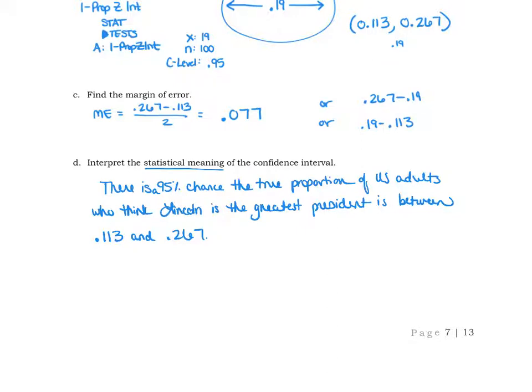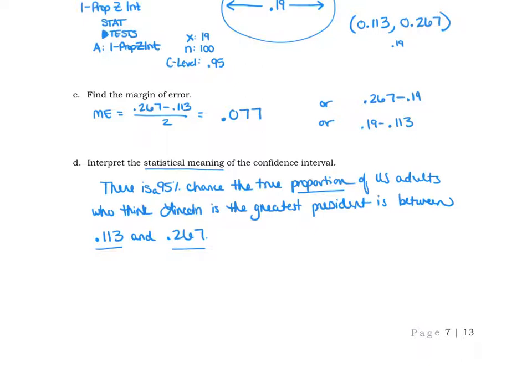If you don't want to use proportion, you could say there is a 95% chance the true percentage of U.S. adults who think Lincoln is the greatest president is between 11.3% and 26.7%. What you would need to do is just change your proportions to percentage forms, including the word proportion.